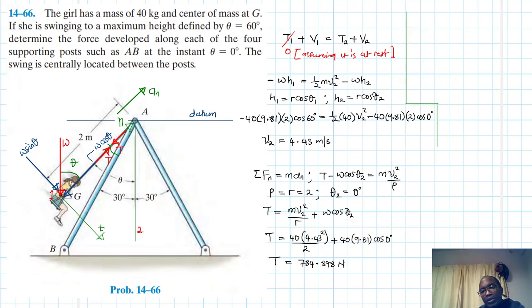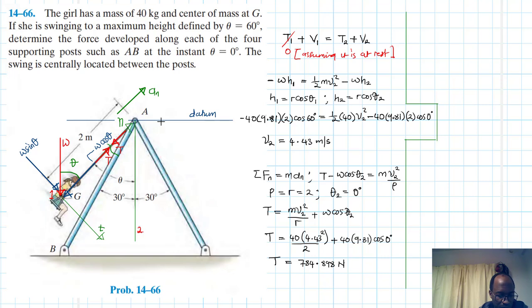Mind you, the poles, they are 4, but they are symmetrical. 2 of them are symmetrical, and these are 2 force members, right?